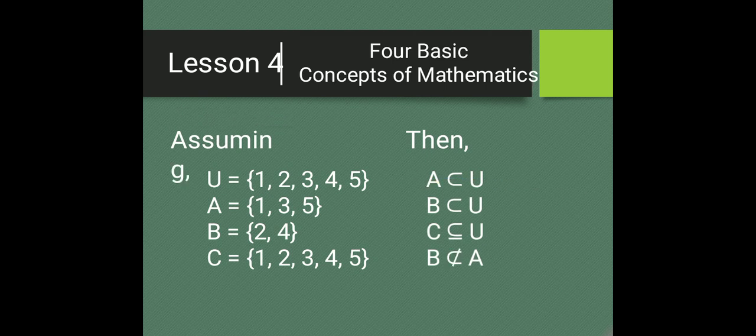So, this means B is not a subset of A, kasi yung mga elements ni B is wala kay A. So, to denote that a set is not a subset of another, kailangan natin yung symbol na ito. So, B is not a subset of A because A doesn't contain the elements of B.